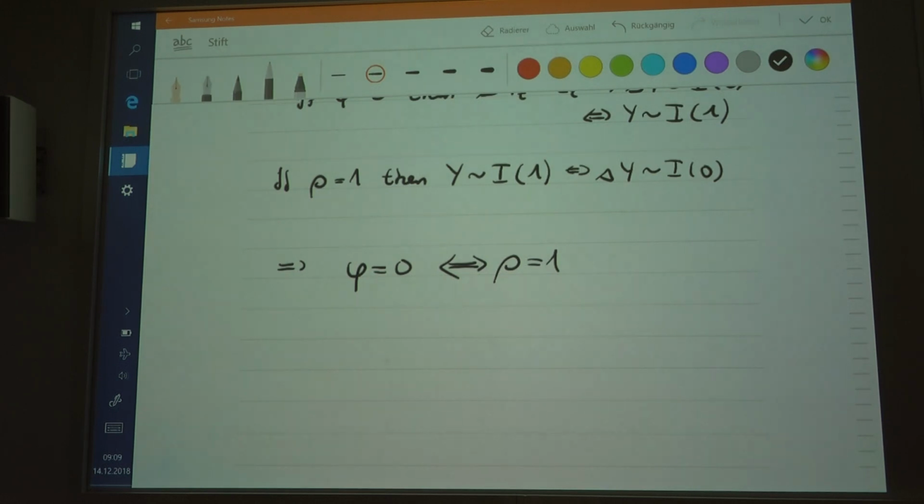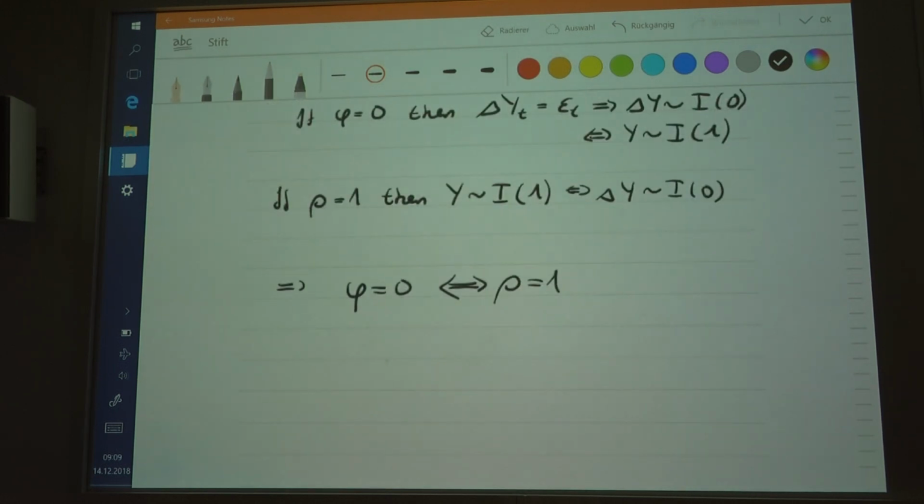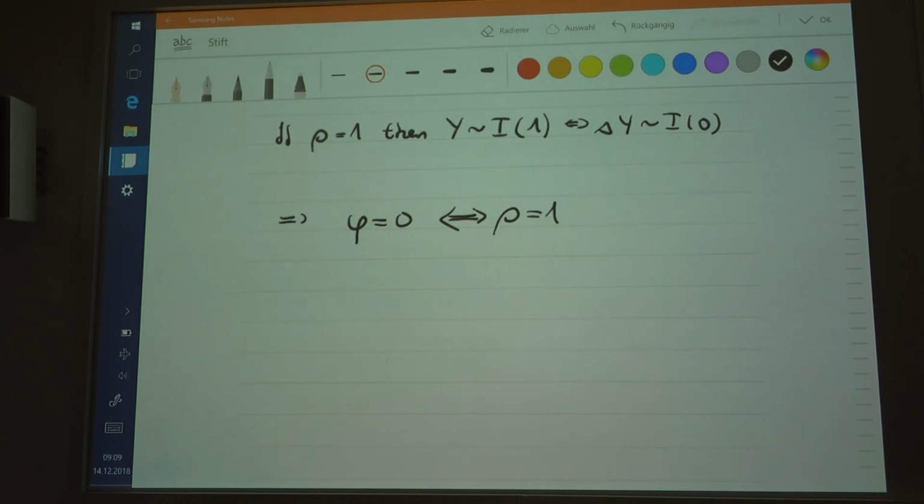The null hypothesis means that, testing for a unit root means testing the corresponding null hypotheses, and that's going to be as follows.